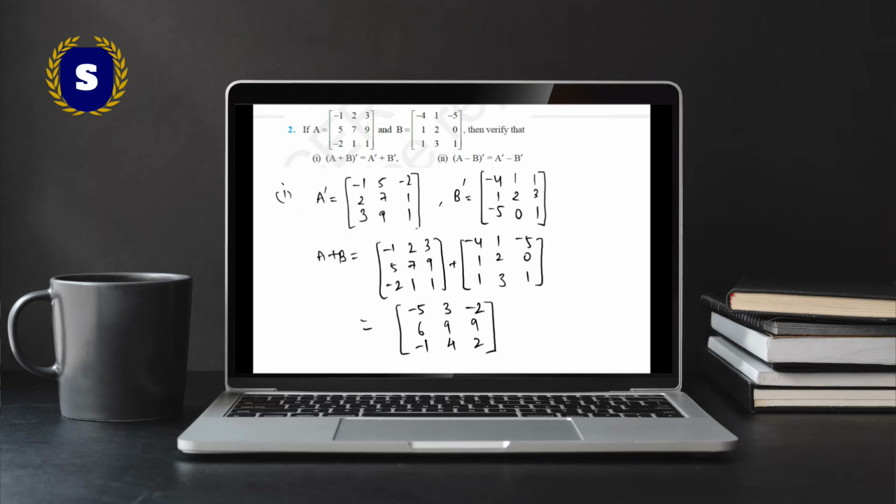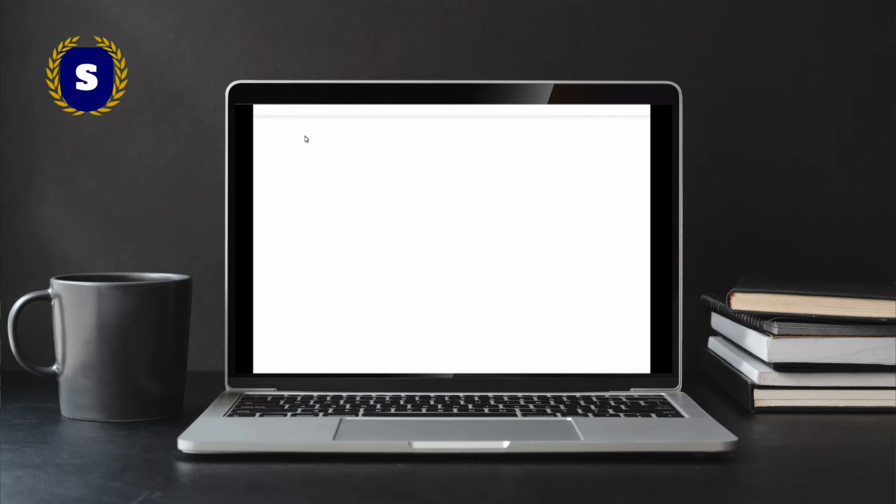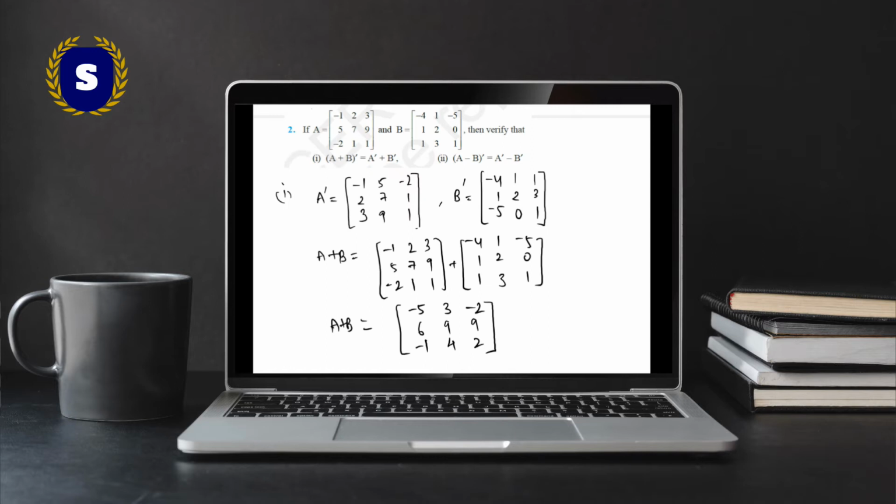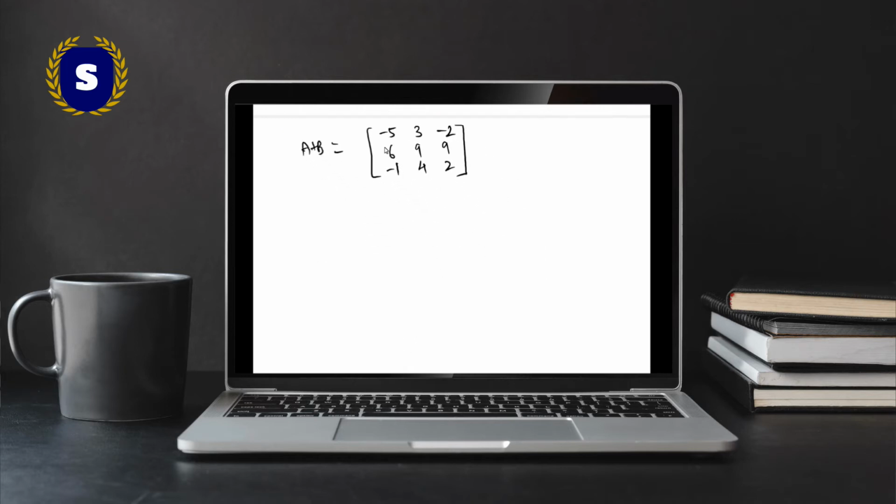Okay. So this is our matrix A plus B. And we need to calculate their transpose first. So, just a moment. Let us take this to the next page. Okay.